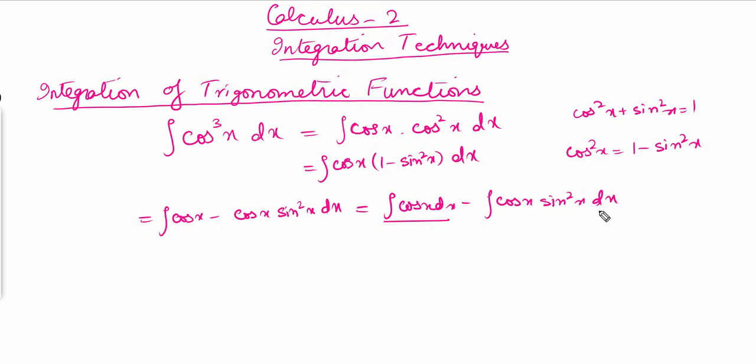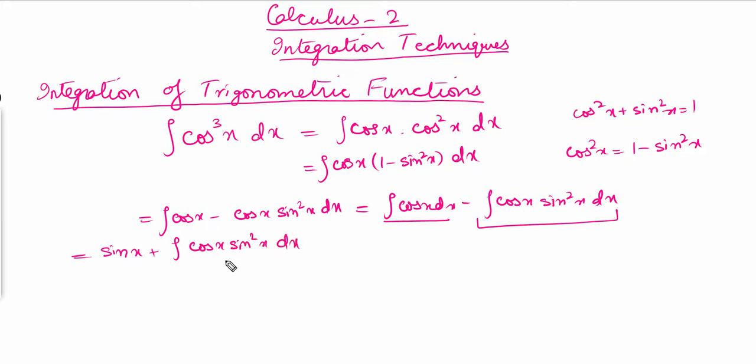For the second one, I have to do the substitution. So for the first one, it will become just sine x plus the integration of cos x sine square x dx.